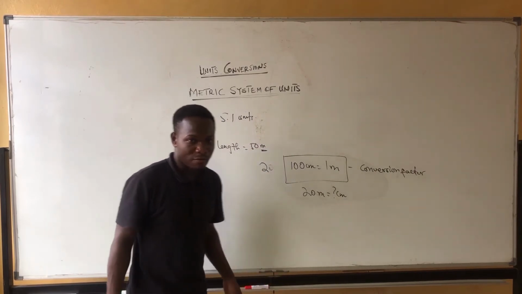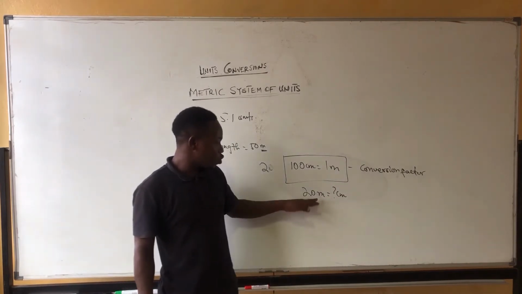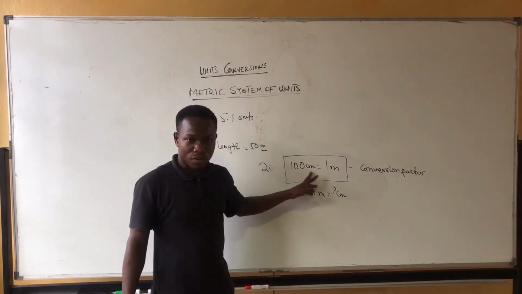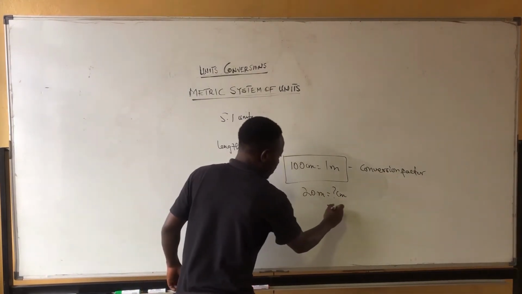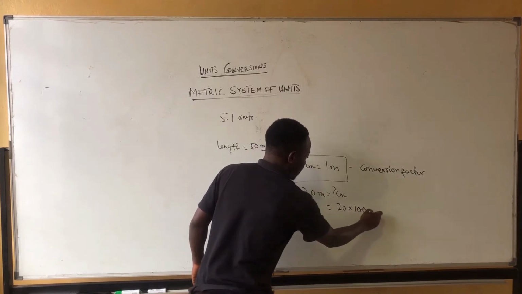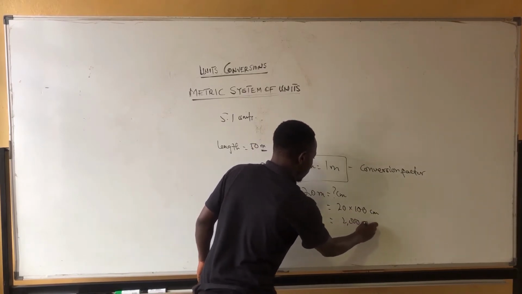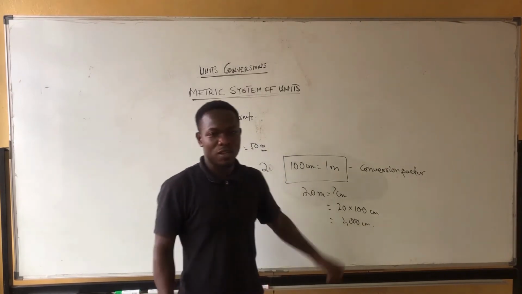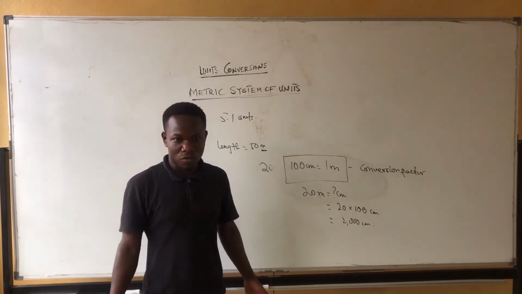I'm going to multiply these 20 meters by the conversion factor of 100. So my answer is 20 times 100 centimeters, which gives me 2000 centimeters. Without knowing this conversion factor, I wouldn't have been able to do this conversion.